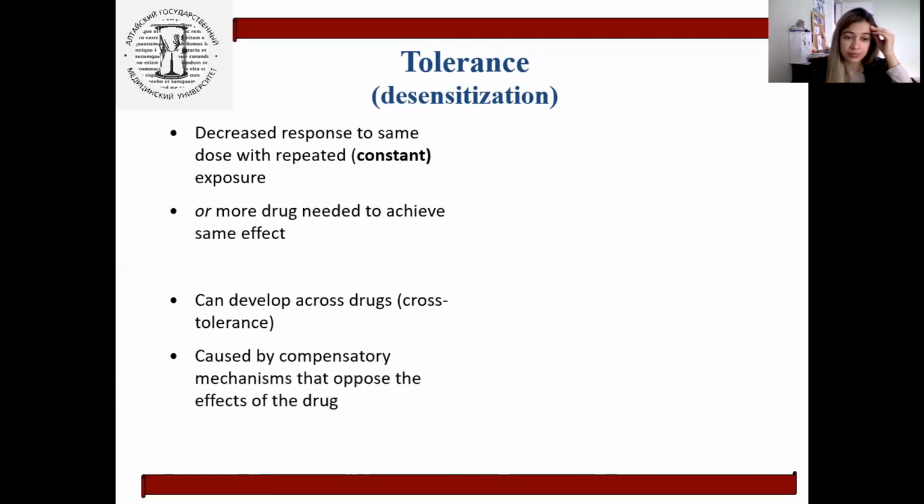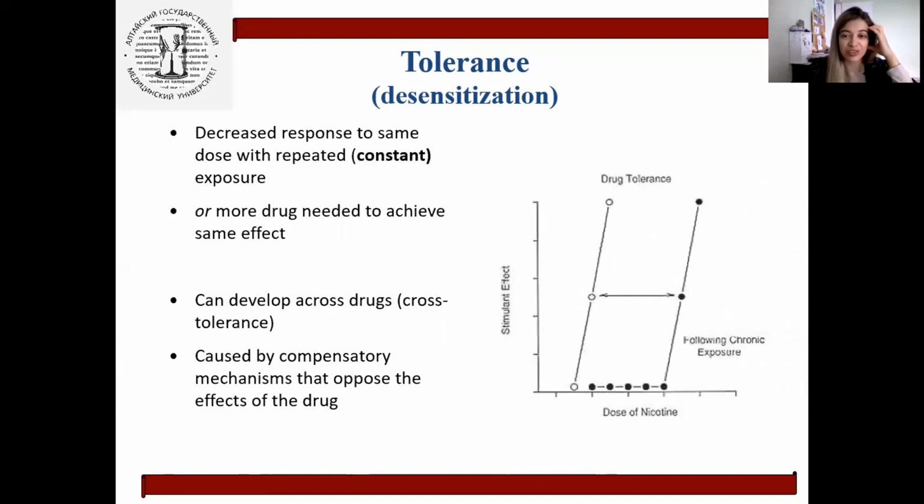How is this effect caused? This can be caused by compensatory mechanisms that oppose the effect of the drug. So our body fights the effect of the drug, and over time this effect decreases.